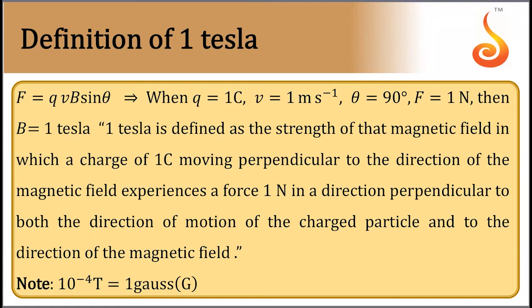So if v is 1 meter per second, q is 1 coulomb, theta is 90 degrees, and force is 1 Newton, then the existing magnetic field can be called 1 Tesla. So we'll move on to the next.